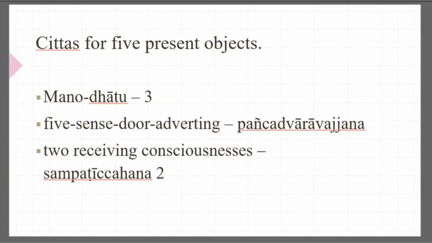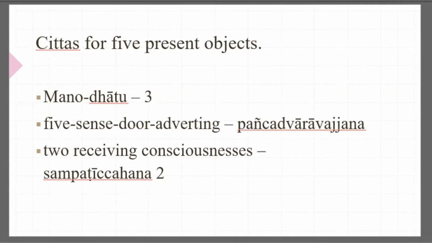When we see visible object, Panchadvara Vajjana takes visible form. Listening to sound, it takes sound. Smelling, smell object. Tasting, taste object. Feeling tangible objects, at that time, tangible objects.